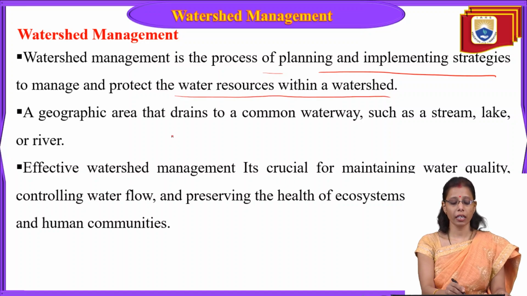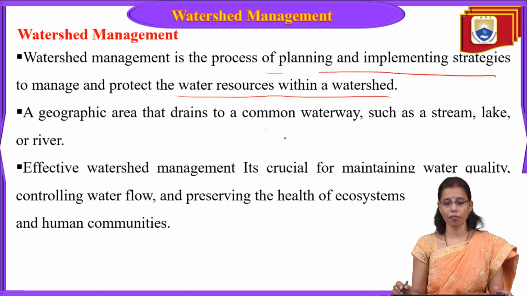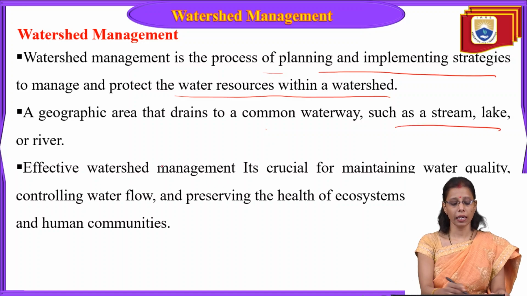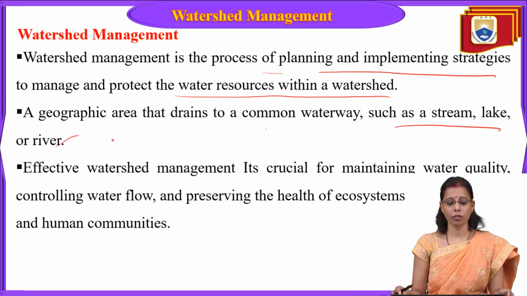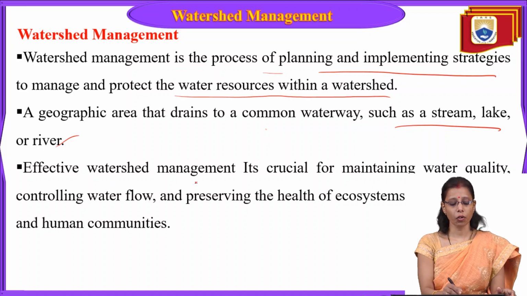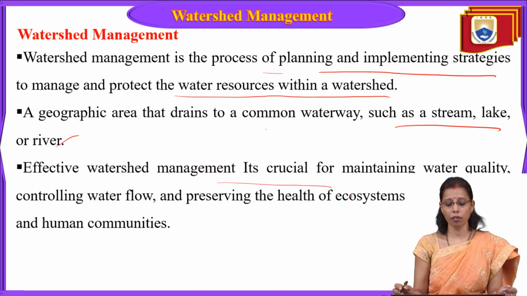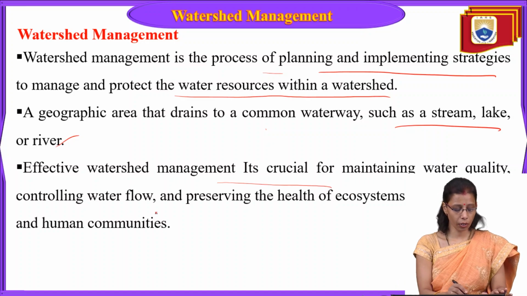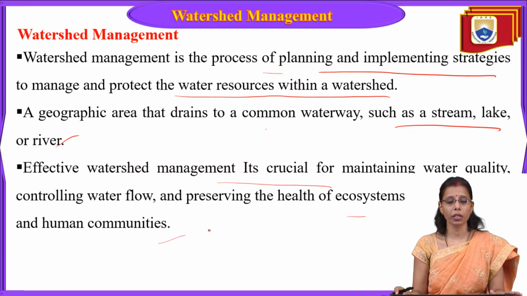A watershed is a geographic area that drains to a common waterway, such as streams, lakes or a river. Effective watershed management is crucial for maintaining water quality, controlling the water flow and preserving the health of the ecosystem and the human communities.